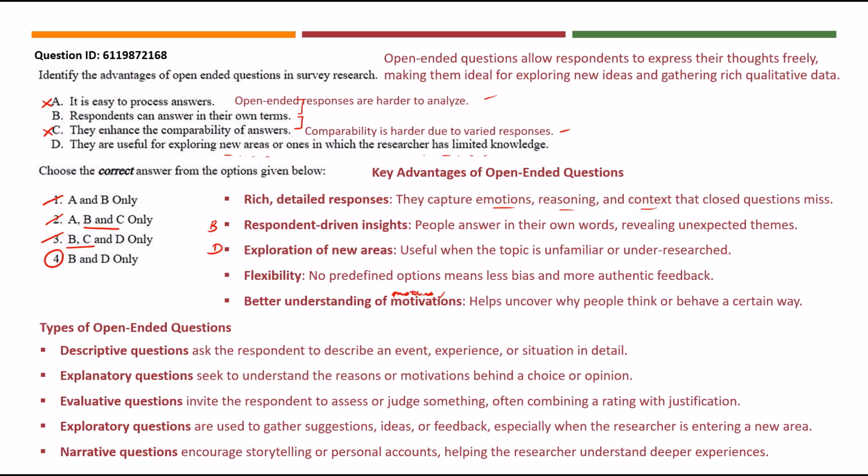Narrative questions encourage storytelling or personal accounts, helping the researcher understand deeper experiences. So this is a kind of storytelling. You are narrating something. All these questions have to be taken in the context of research because this question is a part of research aptitude.